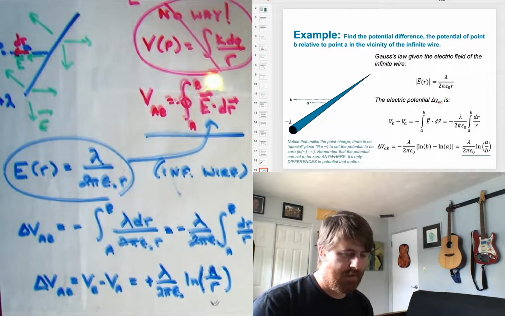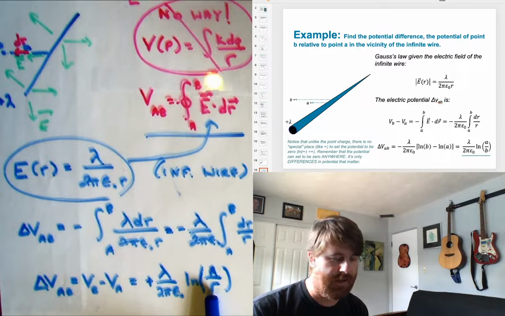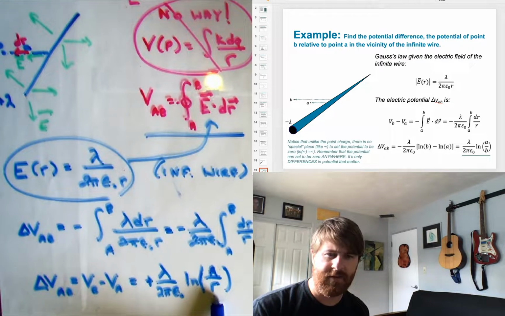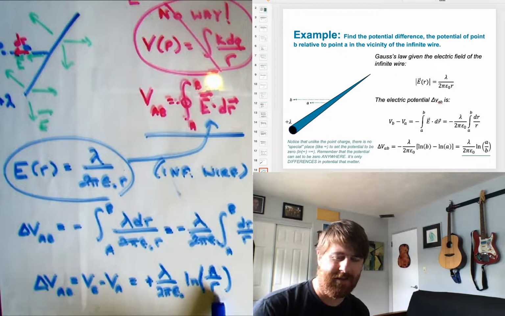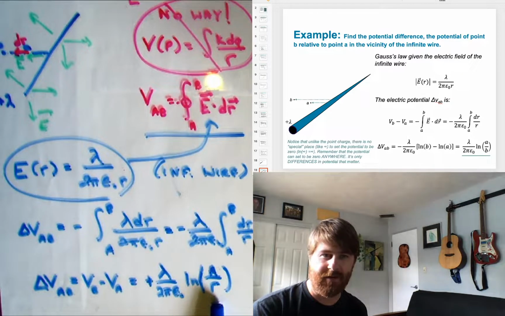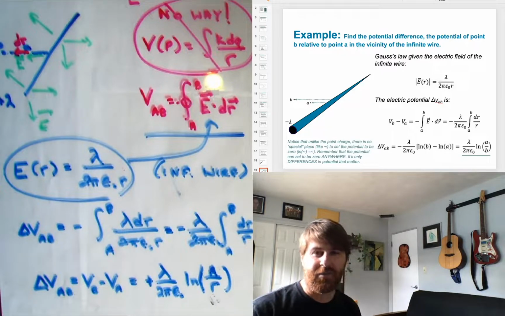If R goes to infinity, then this goes to 0, and ln of 0 is undefined. That's not going to work for us. What if we say at R equals 0? Well, then this becomes undefined. So that's also not going to work for us. So we can't say that the potential is 0 at infinity like we did for the point charge. We also can't say that the potential is 0 at 0.